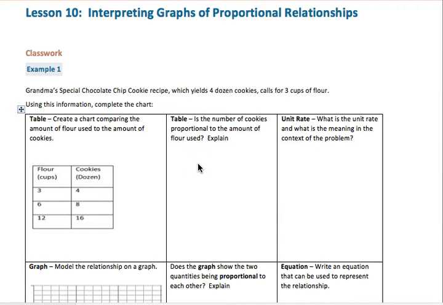Then we check to see, is the number of cookies proportional to the amount of flour used? We would determine that by taking the y value, or the number of cookies, and dividing it by the x value, which is the amount of flour. 4 divided by 3, which is actually 1 1/3. 8 divided by 6, which also comes out to 1 1/3.